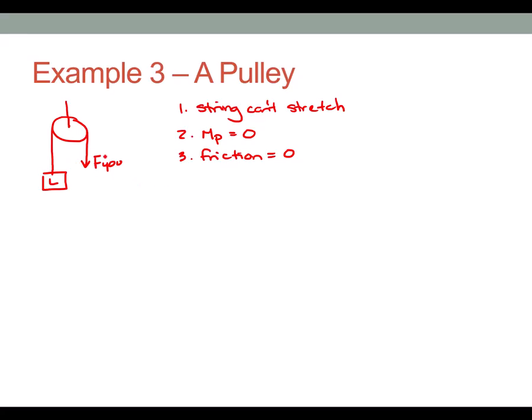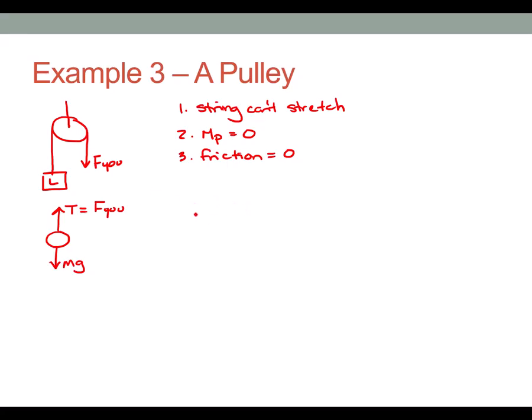Okay, so in this situation, I think about the load here, it's going to have a tension upward, and it's going to have the gravitational force acting downward. But what's causing this tension? Well, with all of these assumptions, the tension is being caused by you. You're pulling on that rope.